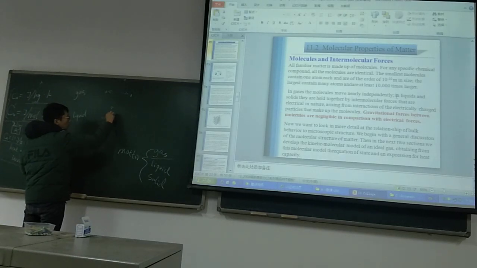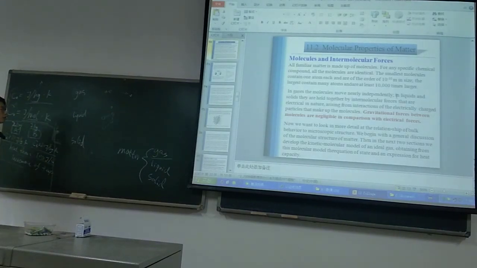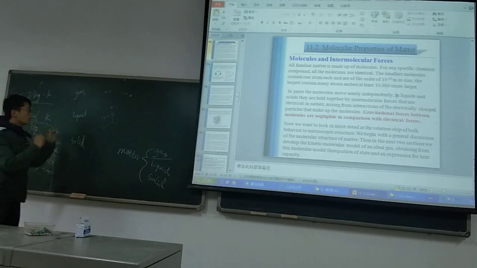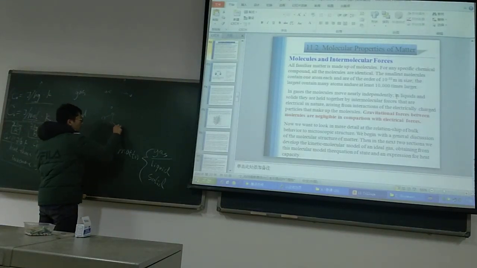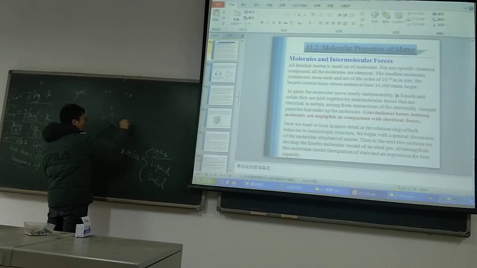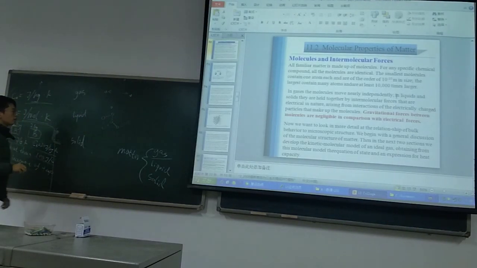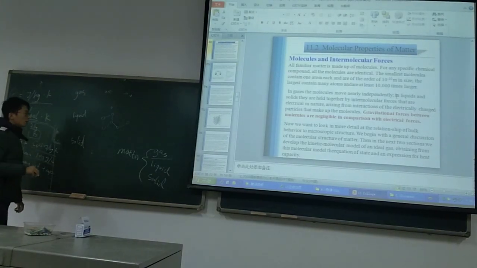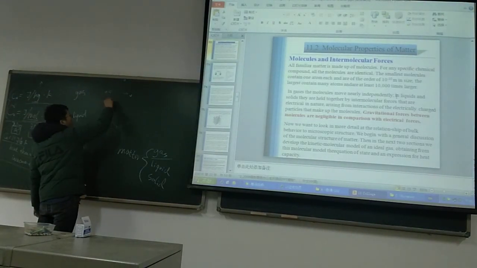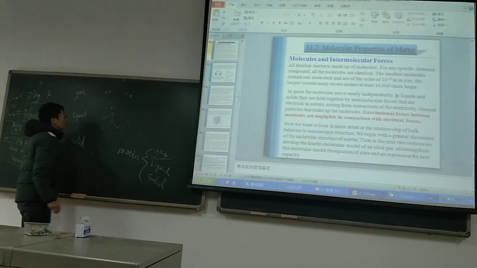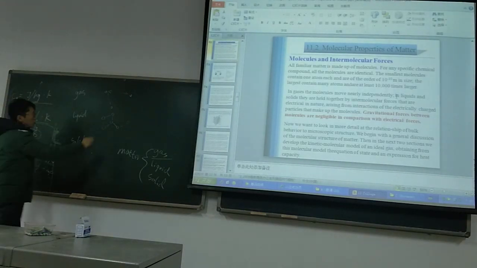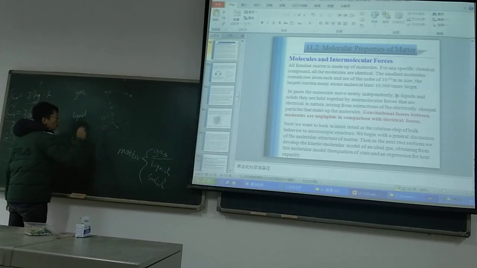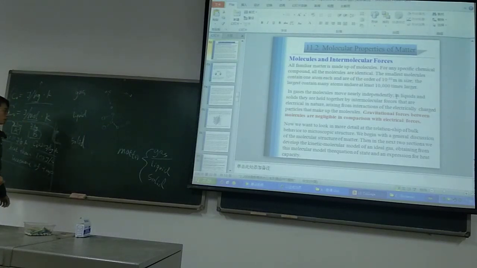There is some interaction between them. However, this interaction is weak and there can be some variation, and the displacement of the molecules is very easy. The interaction between them is larger than in the gas. However, it's not so large as to restrict the movement of the molecules.